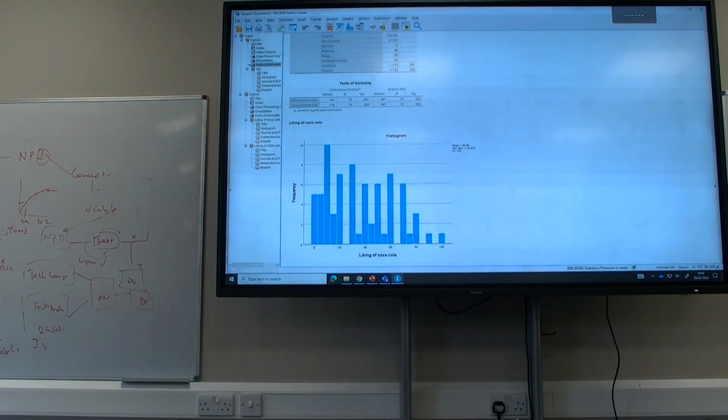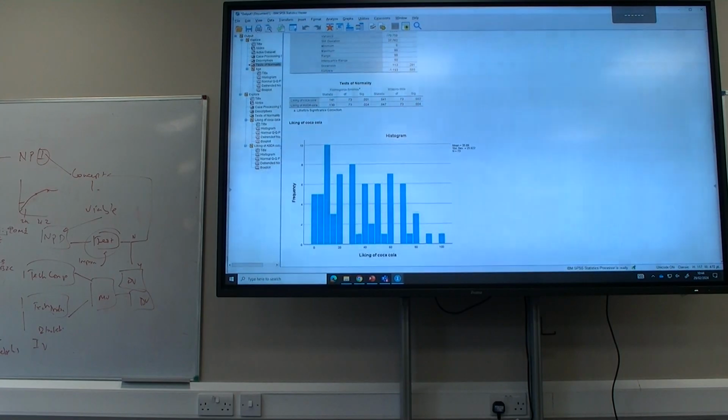No, if it's below 0.05, it's the probability that your null hypothesis is correct, but we accept it as significant if it's below 0.05, which would be evidence that the data deviate from normality.